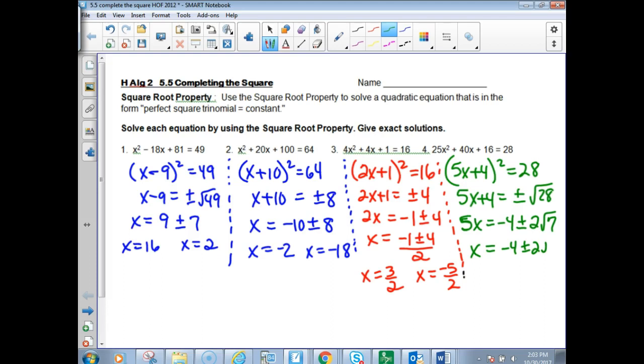You can just put negative 4 plus or minus 2 root 7 all over 5. Or you could separate it into two pieces. And I am allowing you to write the two solutions kind of together like that if it's not simplifiable, as long as you know how to separate them.